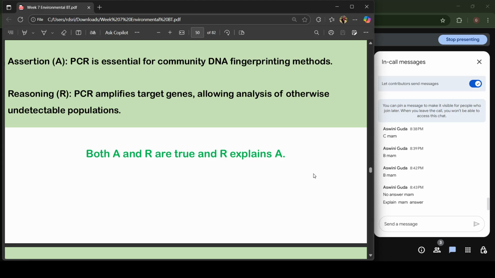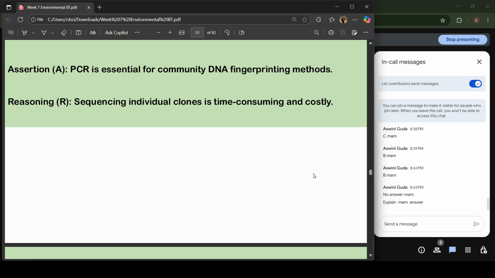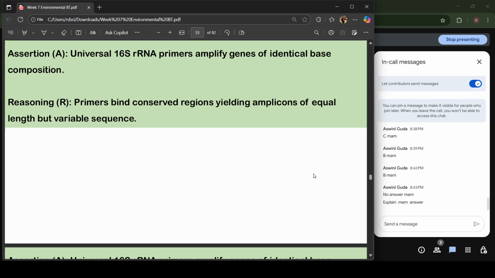It has somehow repeated. So the real question is this: PCR is essential for community DNA fingerprinting. Sequencing individual clones is time consuming and costly. I think this question is also kind of repeating. Okay, there is some confusion with those questions. I'll clarify it before I upload the PPT.